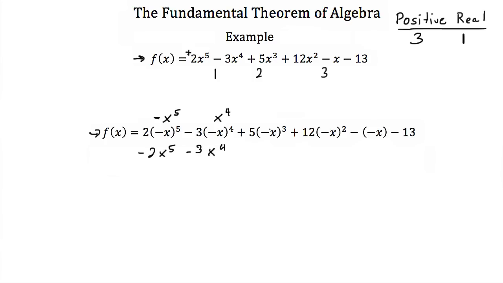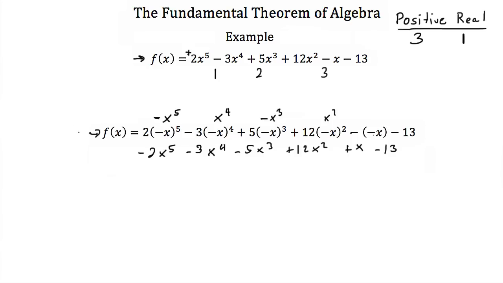A negative x cubed is a negative x cubed. So multiply that by 5 and we get a minus 5x cubed. And negative x squared is just x squared. So multiply that by 12 and you have a positive 12x squared. Minus a minus x is a positive x. And then we have a minus 13.